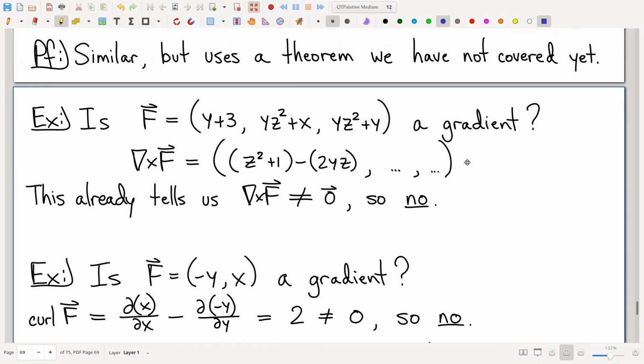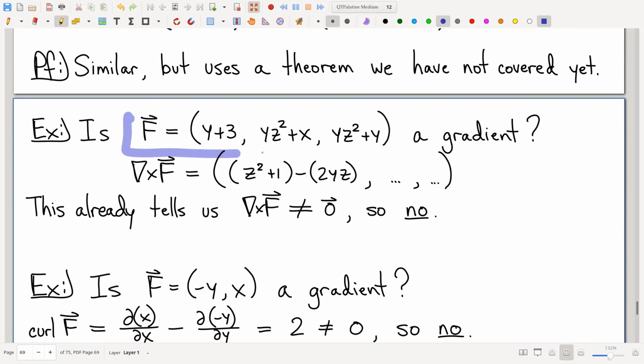Okay. So let's actually use these. A couple of examples. Here's a vector field. Is that a gradient? At a quick glance, it's pretty hard to tell, right? Unless you're just blazing fast with algebra, which I'm not. It's just not immediately clear whether there is an anti-gradient for this vector field.